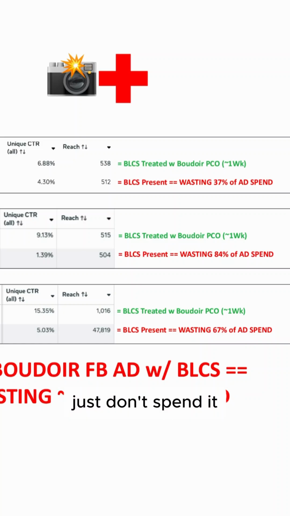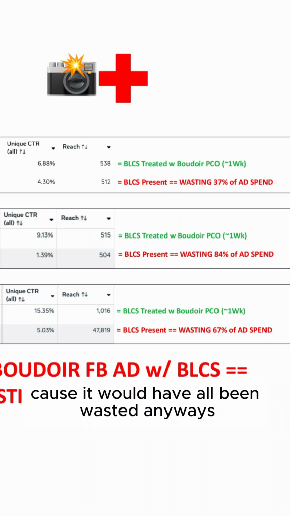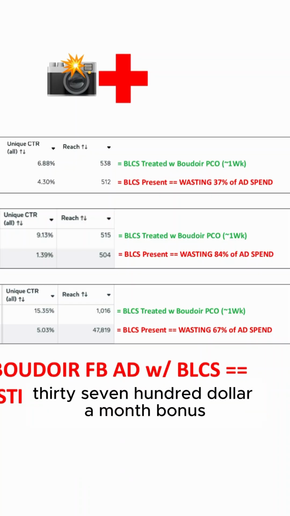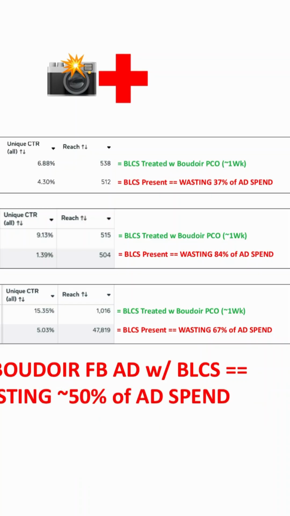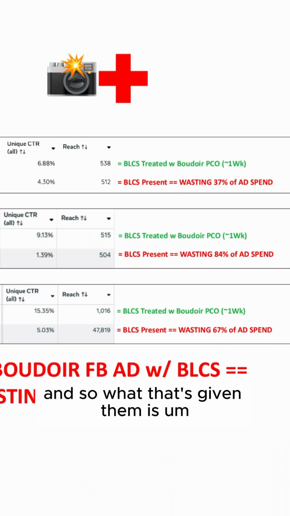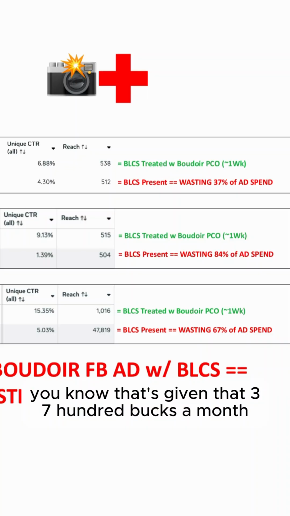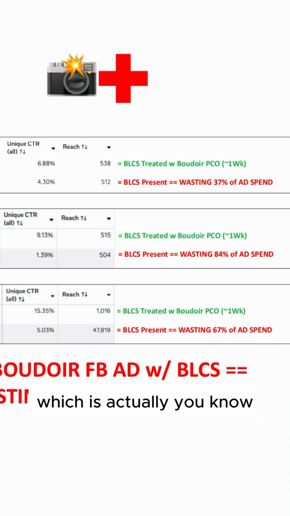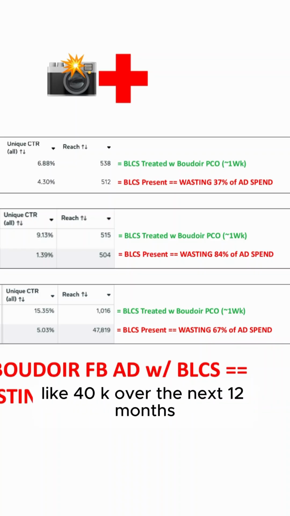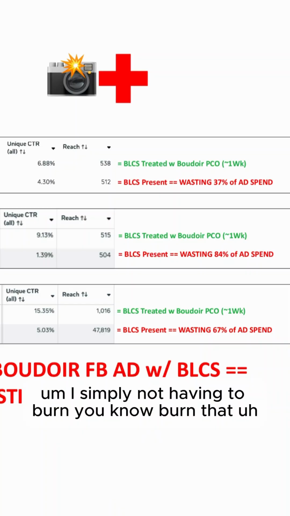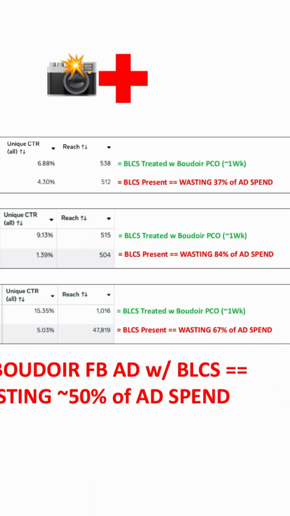They just don't spend it because it would have all been wasted anyways. A $3,700 a month bonus, which is like 40K over the next 12 months, by simply not having to burn that cost.